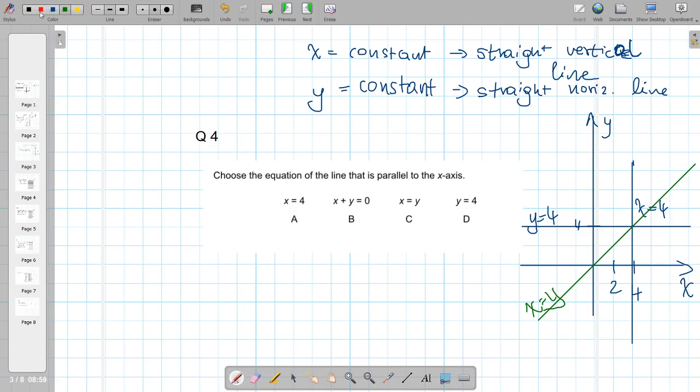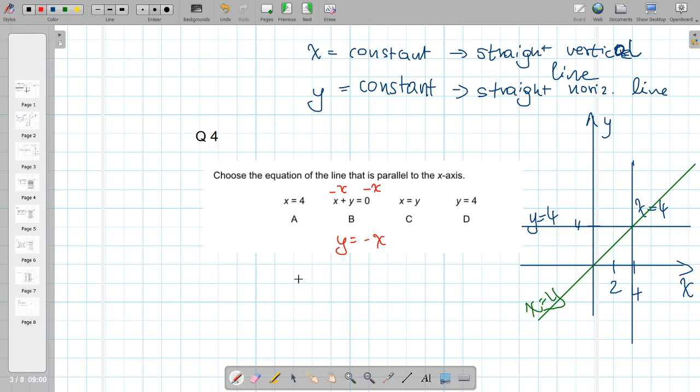And the last one, we'll have to do a bit of shifting here. I'll use a different color as well. Because we want to have y equals something, I'll have to take away x here in order to have y equals something. So it's y equals minus x. So question B is y equals minus x. Whatever y is, it is minus x.